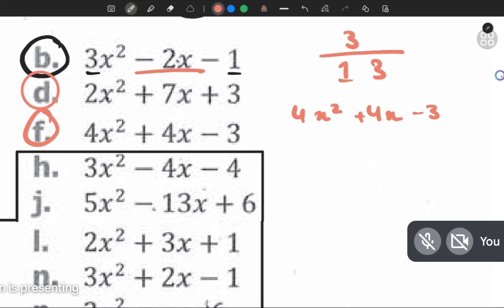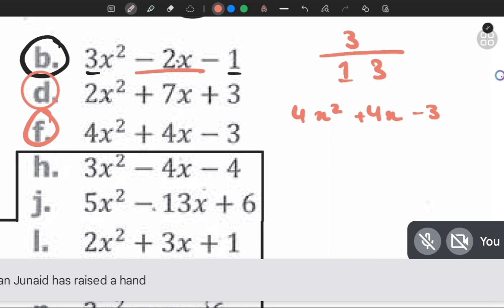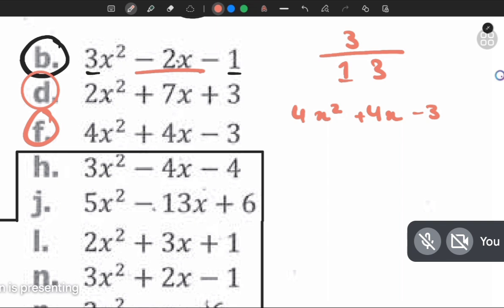Just tell me the first step. Can you tell the first step?